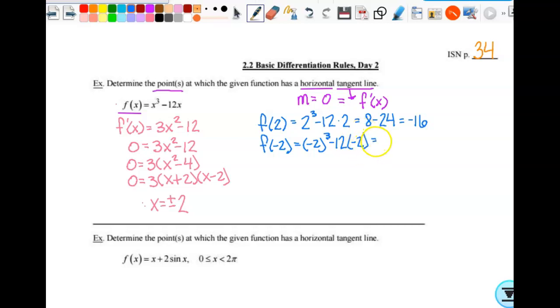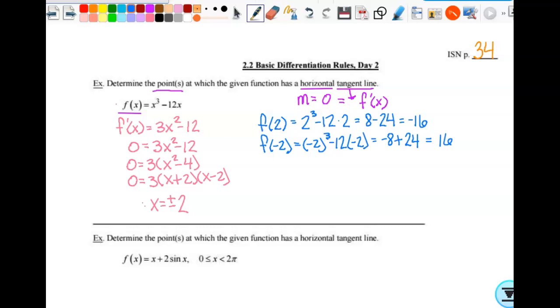So that's negative 8 plus 24. And that gives me a positive 16. Everybody understand where I got everything from? Why I chose to substitute it in the things I did?